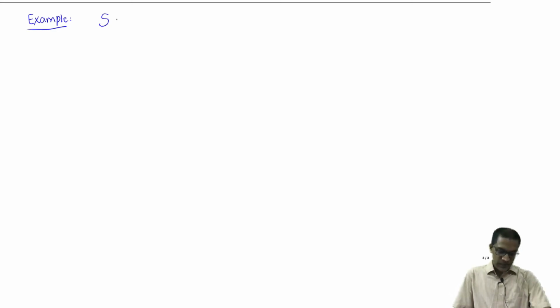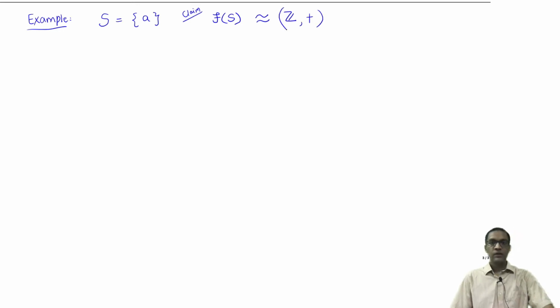Suppose my set S has just a single element A, and I try to understand what the free group on this single alphabet looks like. Here's my claim: this free group on a single alphabet is actually isomorphic to the group of integers under addition. In other words, it's an infinite cyclic group.